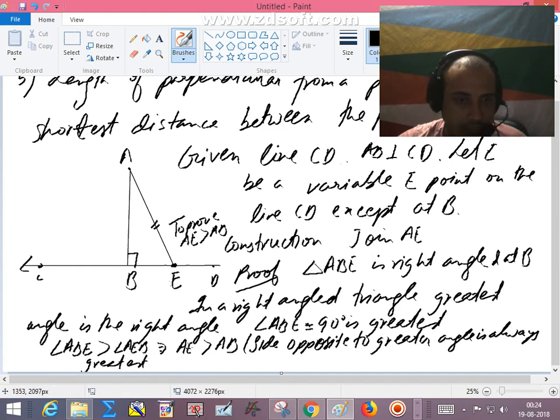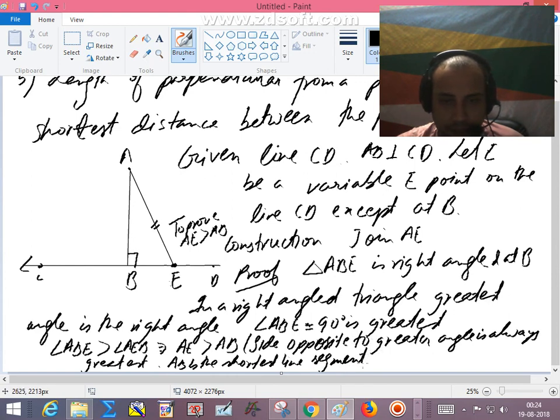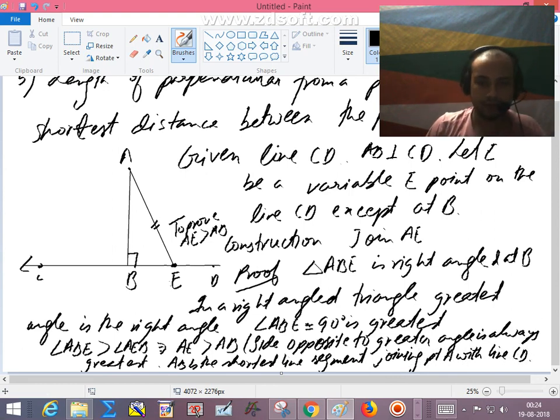So in that case, since E is a variable point, that means AB is the shortest line segment. We can actually make a conclusion out of this, that is, AB is the shortest line segment joining point A with line CD, right? This will be your final fifth inequality.